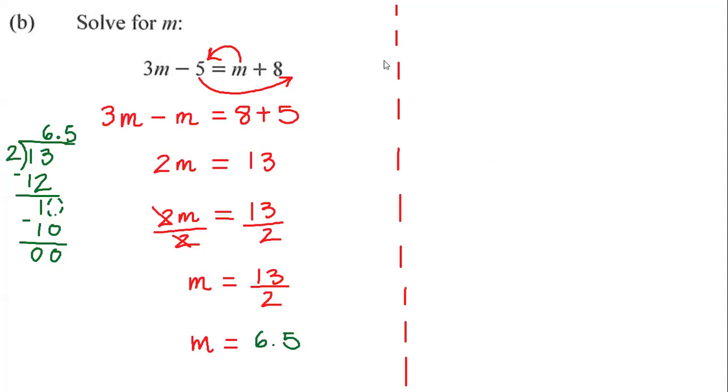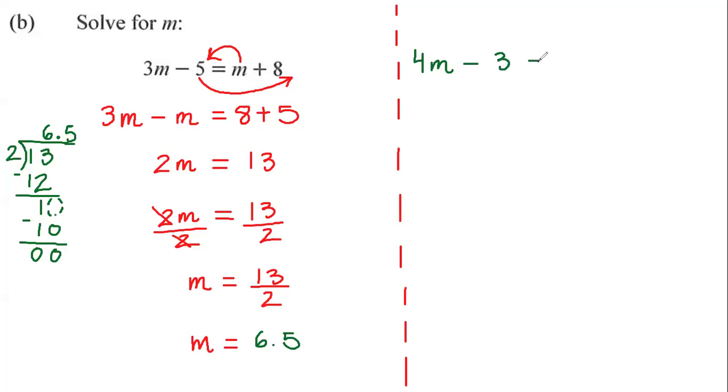So let's do one more. Does it always have to be M or can we change the letters? We can change the letters, right? Good. So it'll be 4M minus 3.